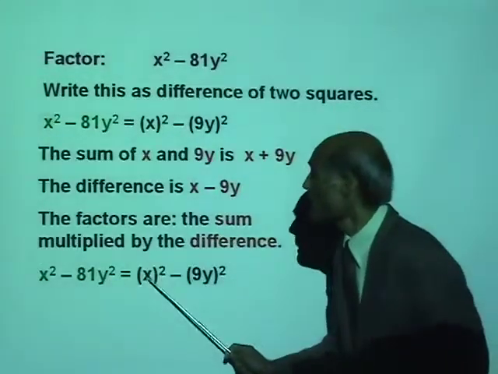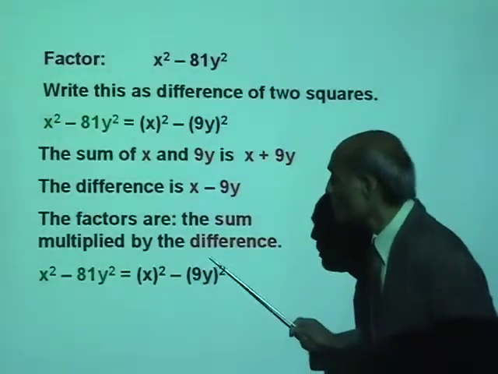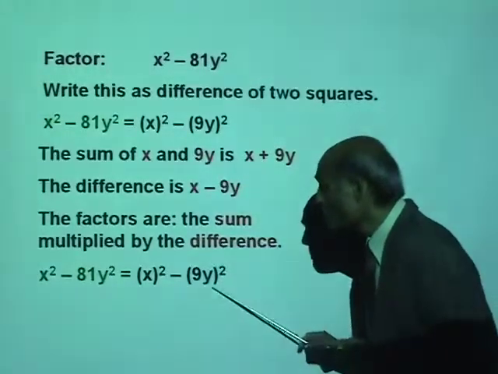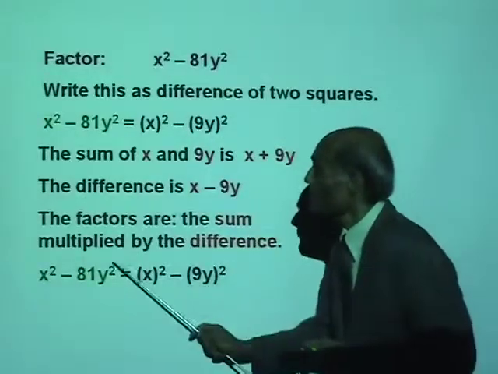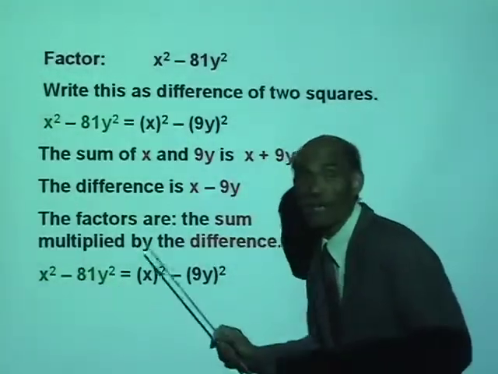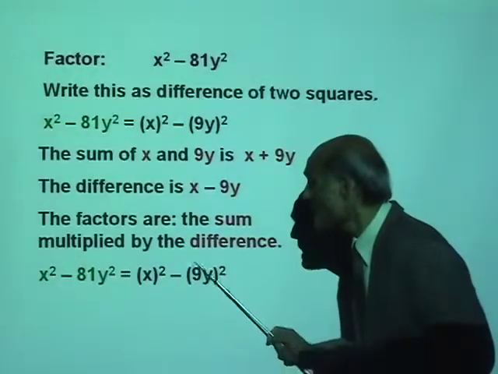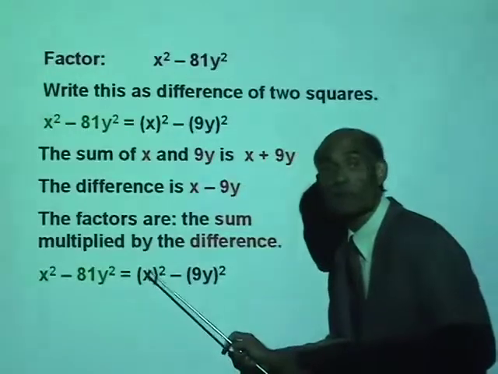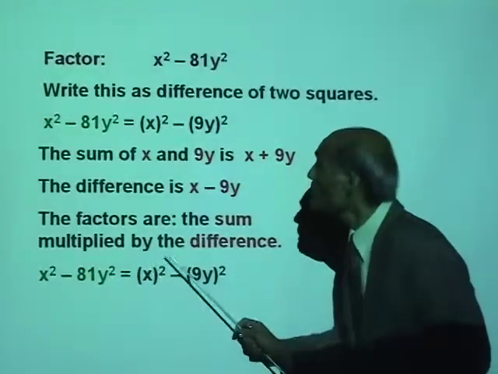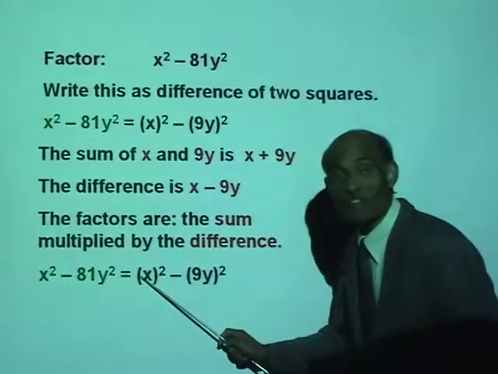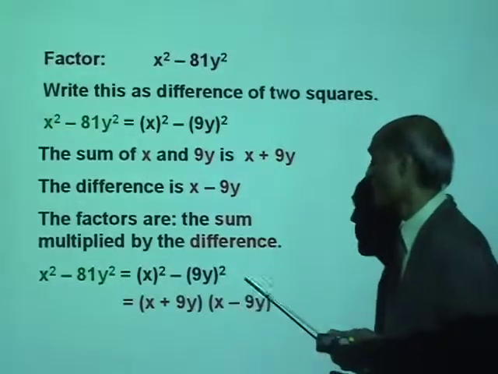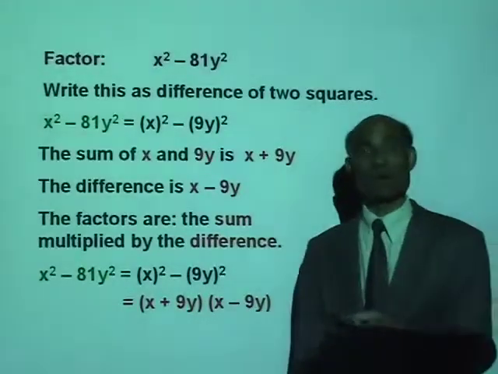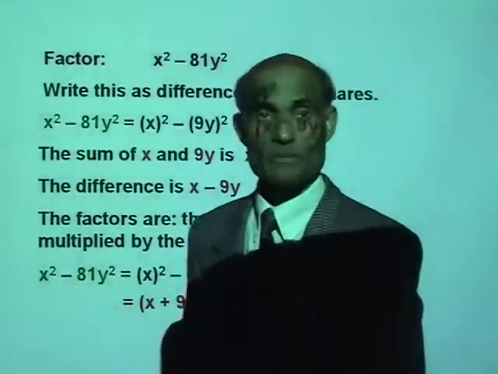I want you to take special precaution here. 81y squared is the quantity 9y all to the power of 2. So the first factor is x plus 9y, and the second factor is x minus 9y. Okay.